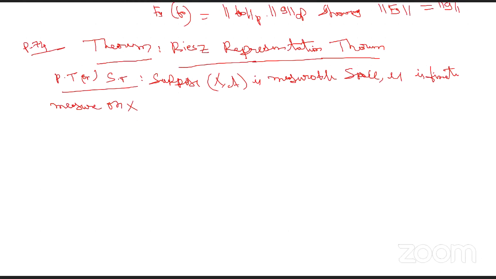F is a bounded linear functional, tau, on L p mu.